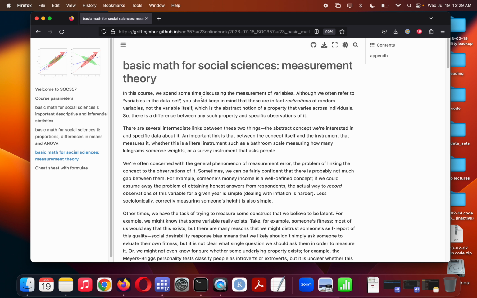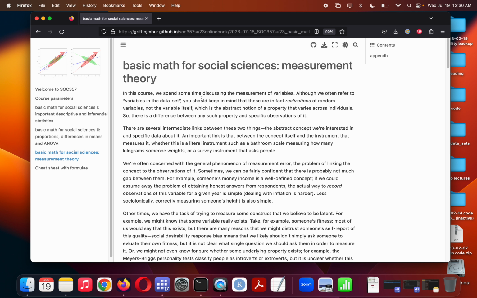You should keep in mind that these data that you see, so a column of information, for instance, recording the education levels of, say, 10 people who are listed in 10 sequential rows of a data matrix, those are realizations of random variables. They're not the variable itself, which is just the abstract notion of a property that varies across individuals. So what this means is that we never actually directly observe a variable.